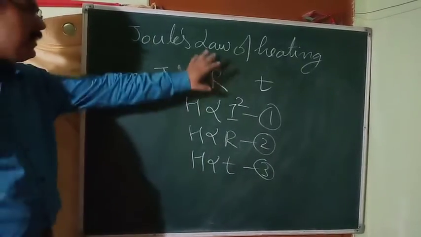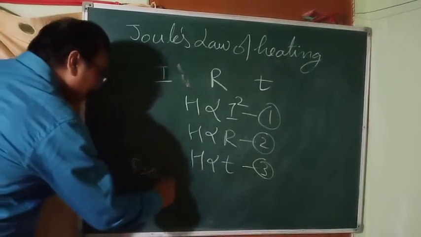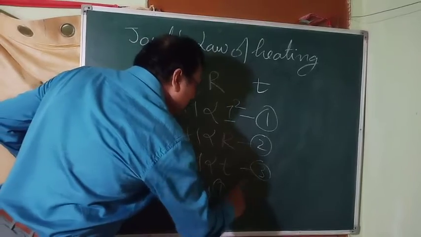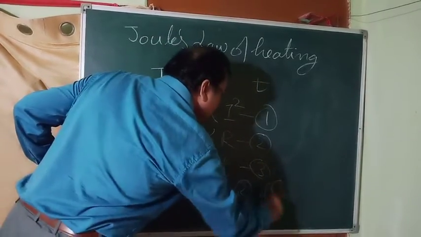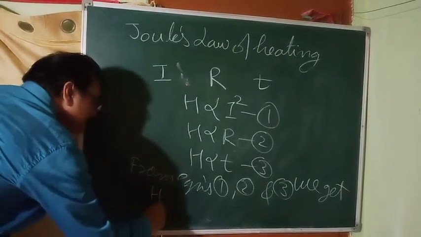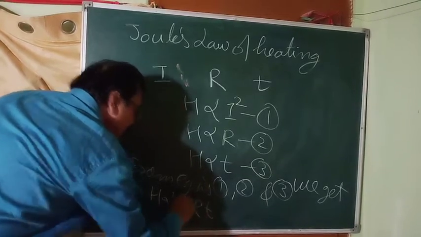So when you combine all the three equations, from equations 1, 2 and 3, we get H is proportional to I square RT. That's what we get.